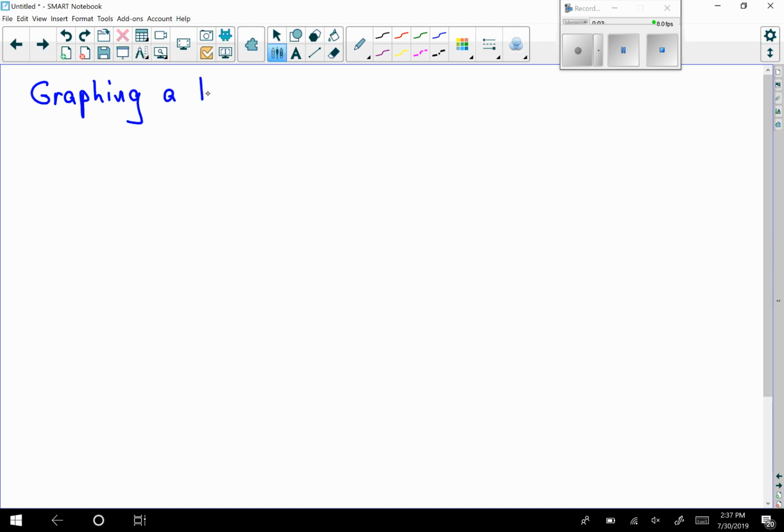So graphing a line from slope-intercept form. And I want you to think about the name too. The slope, which is what we saw, m, and then the intercept means it's the y-intercept. So it's very straightforward with the name.